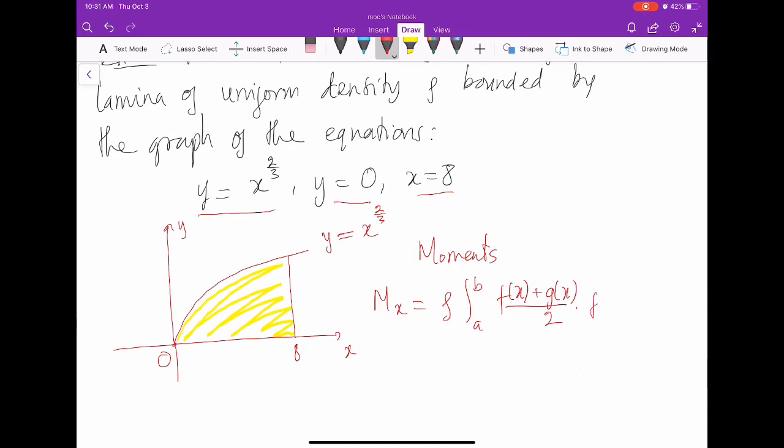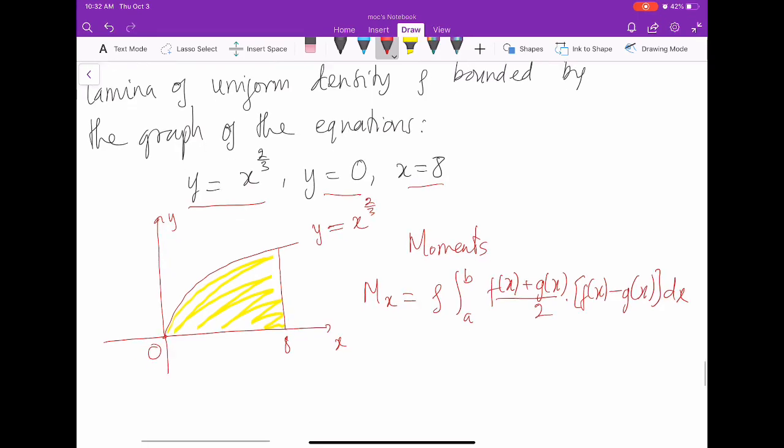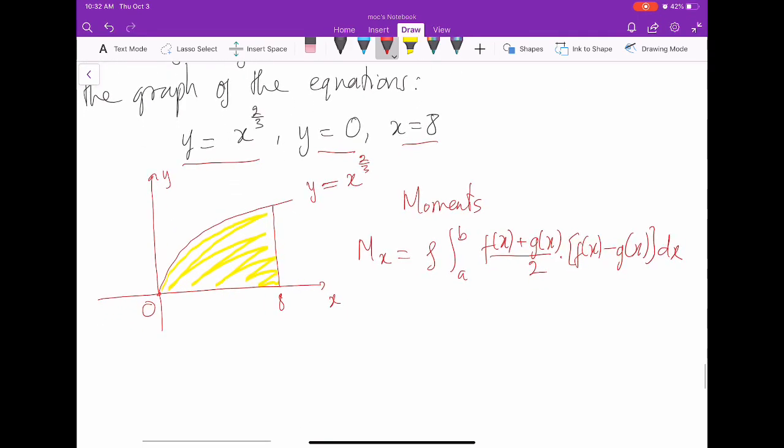And here f of x minus g of x dx. Of course, in this situation, f of x is the curved function x to the 2/3, but g of x is 0, right? g of x is y equal to 0. So our integral is pretty easy.